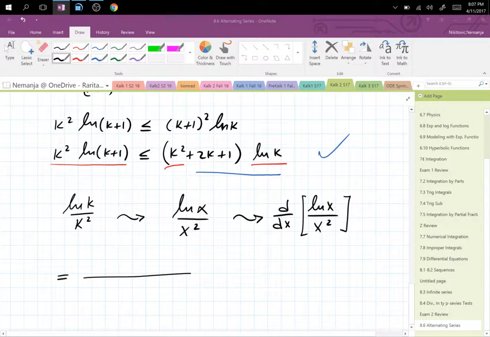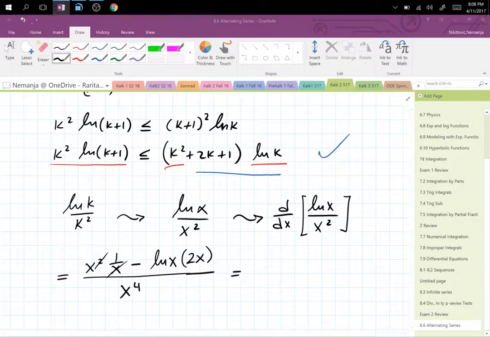So this is x to the 4th, and then x squared times 1 over x minus ln x times 2x. What I can do is cancel one of the x's here. Maybe I should do that in a different color.